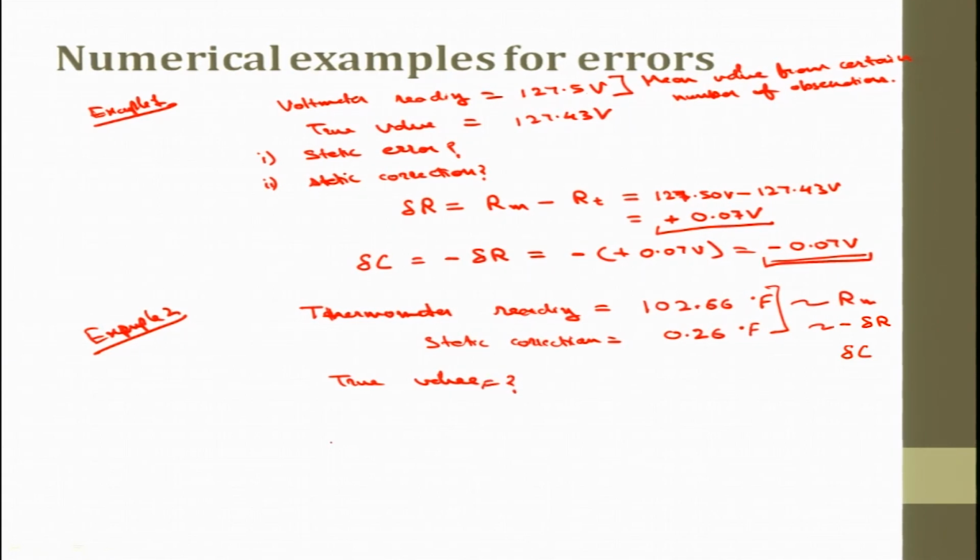Now the true value R, results a true value is equal to Rm minus delta R is equal to 102.66 minus 0.26 is equal to 102.92 degree Fahrenheit.